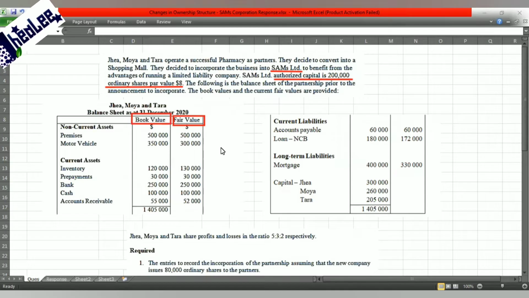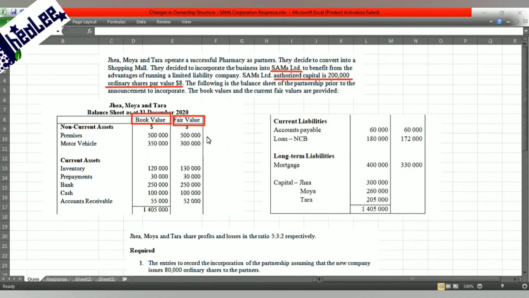You're going to compare them to determine if there is an increase or decrease. Based on the change, you're going to use the double entry rule to aid in the conversion process. If there's an increase in the item, by using your double entry rule, you would know whether you would be debiting or crediting.